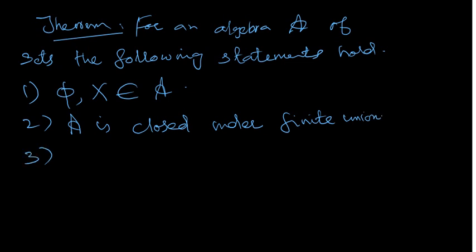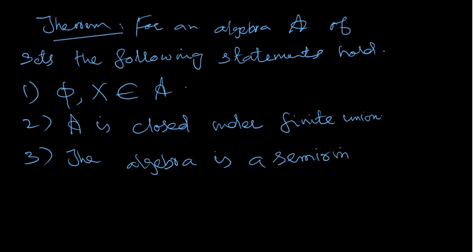And the third property is the algebra is a semiring. So these are three properties of algebra. Okay, ये आपको चेक करनी ये तीनों properties.